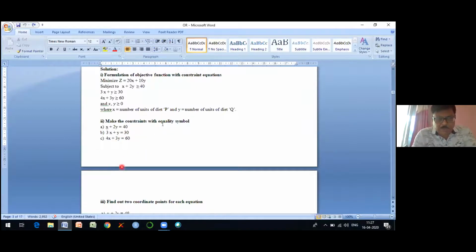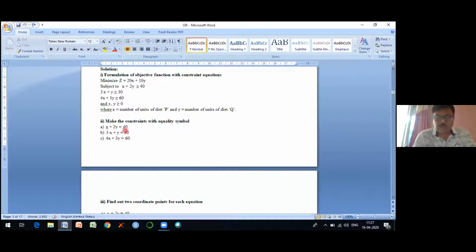Now we are coming to this section. For the solution purpose, all these inequalities will be converted into equalities. It is just like the maximization case. So here we have written x plus 2y equal to 40, 3x plus y equal to 30, and 4x plus 3y equal to 60, in equality form.